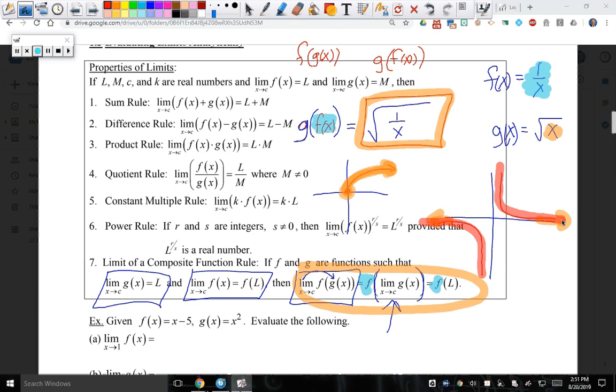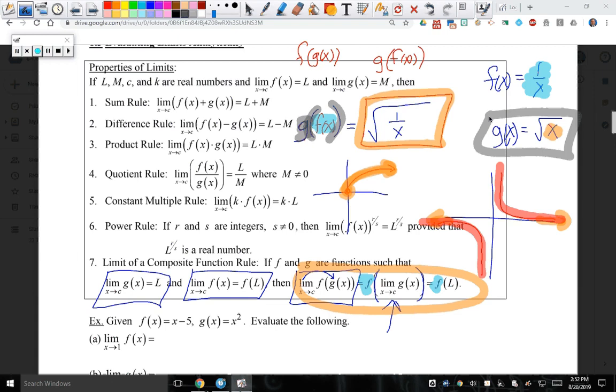Okay, so now let's go to this. The outermost function of what we have here is g of x. Is this a continuous function? Yes or no? Yes.